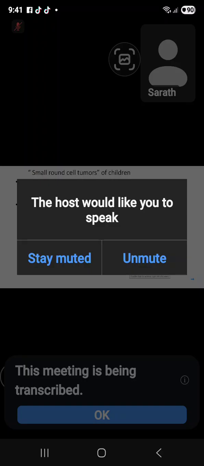Because the nuclei are blue, you see a small round blue appearance. So we call them small round blue cell tumors.